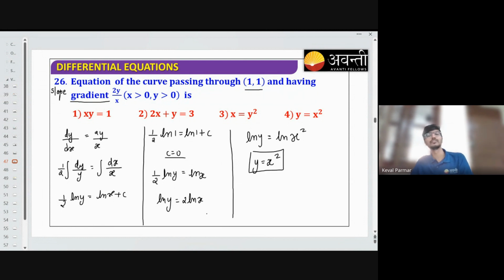y equals x square. Now, many times they might give the options in some other way. What is this other way? They can write it as a rectangular hyperbola.